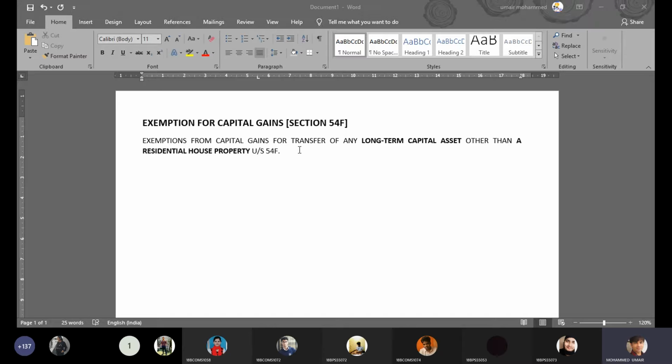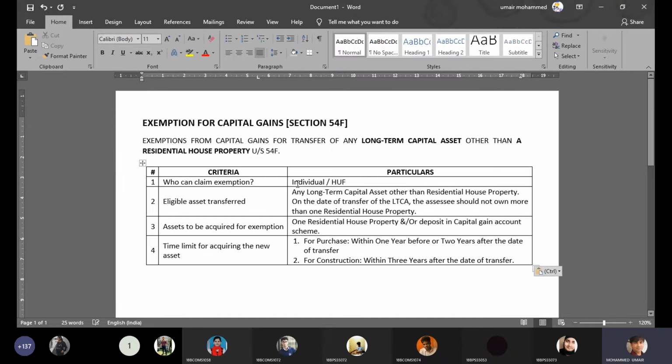Now with this money, what should you buy? The answer is, with this money you should buy a residential house property, or deposit the money in capital gain scheme. Now at the very beginning I said this section is unique because we have to use a formula to calculate deduction.